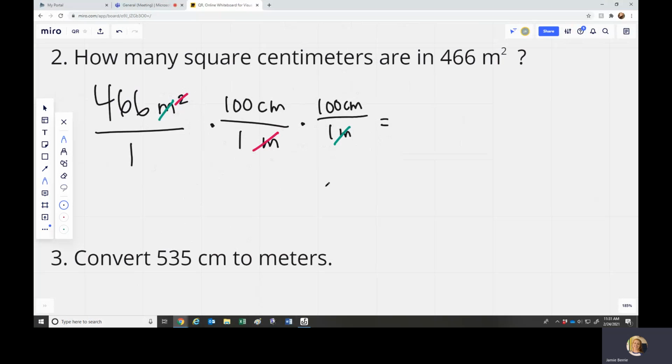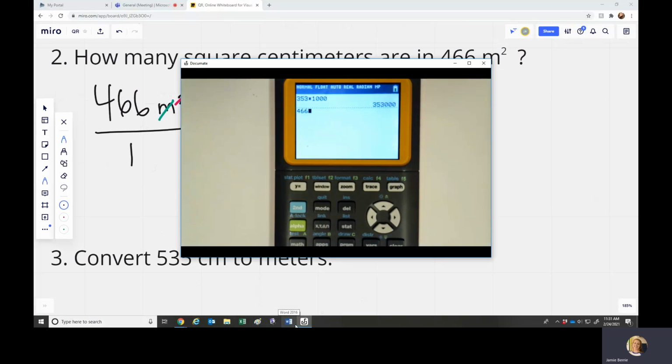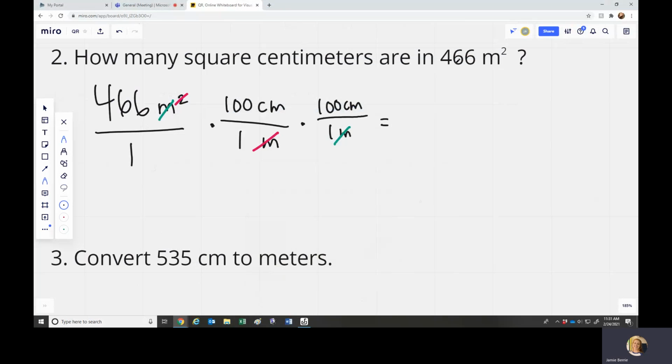So we can just multiply straight across the top, multiply across the bottom, and simplify. 466 times 100 times 100 equals 4,660,000.